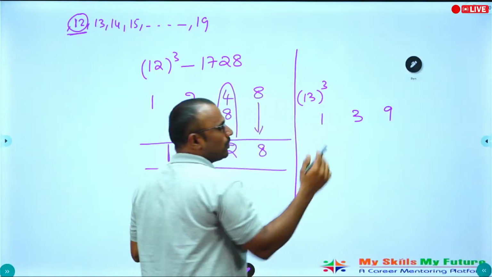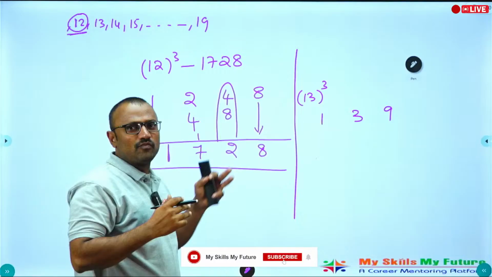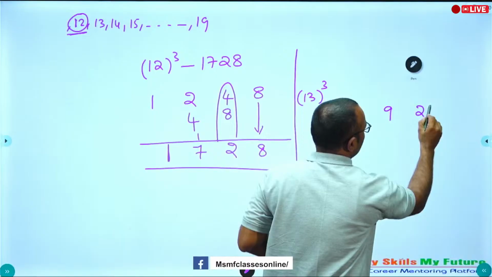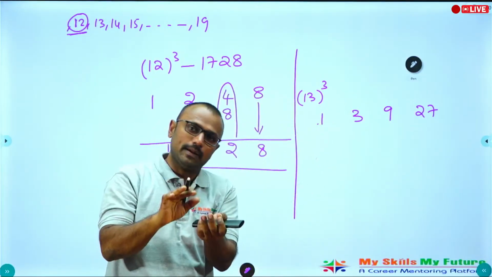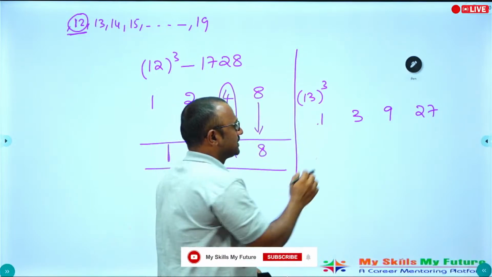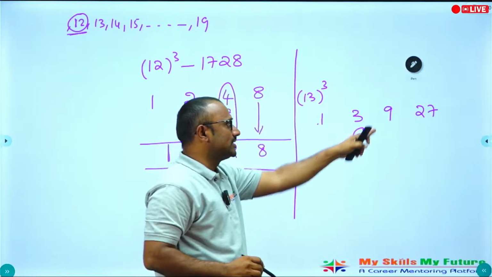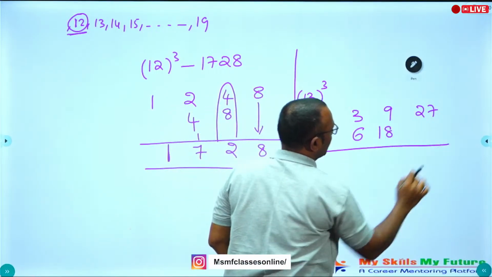And write 3 cube; we learned from 1 to 10 cubes that 3 cube is 27. Leave the last extreme values and twice the middle numbers. The middle number is 3, twice we get 6. And one more number is 9, twice we get 18. I hope you are getting it.